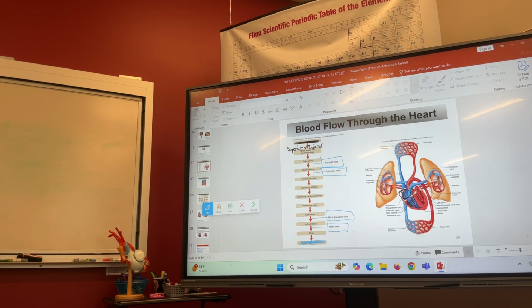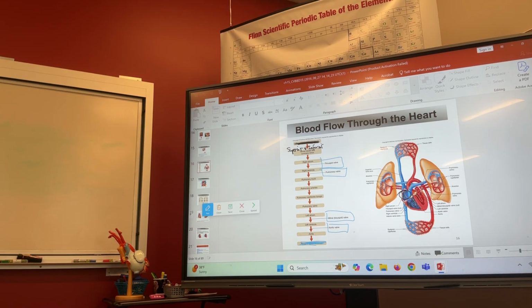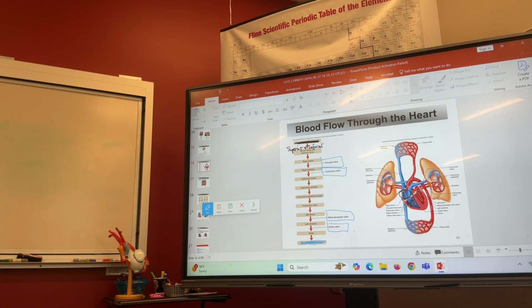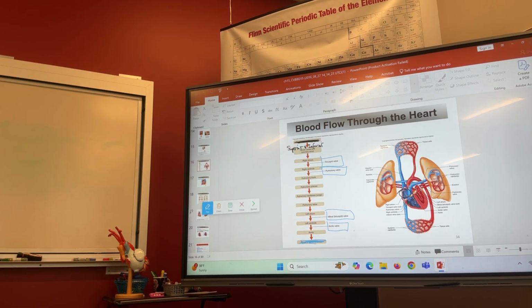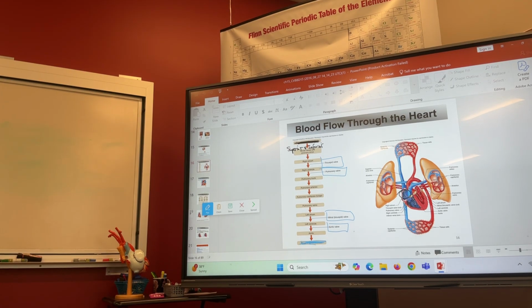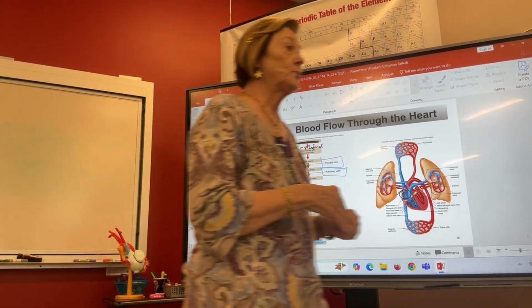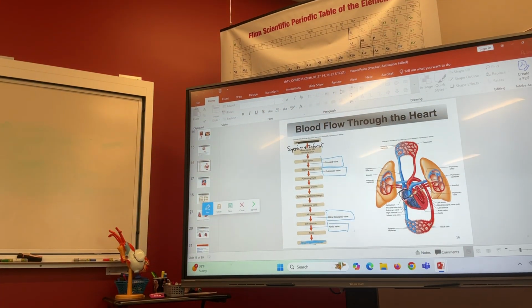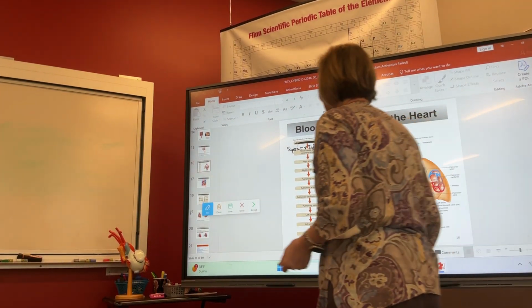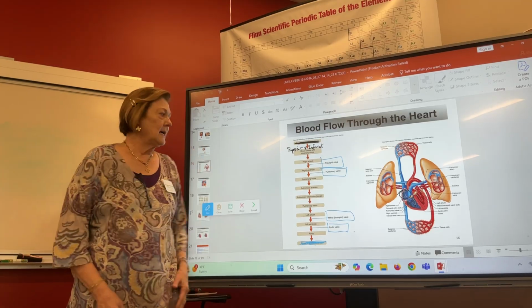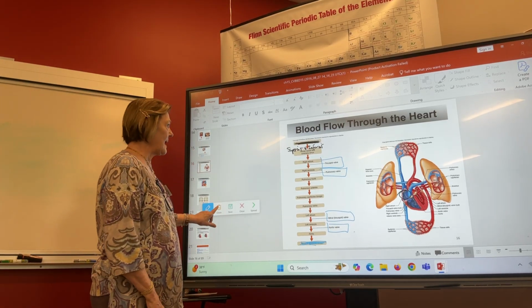So the order did not get here. She's put a track on it. It's supposed to be here Monday, so we will hopefully do it next week. That's why we ended up coming up here and lecturing, even though I told y'all a million times we were gonna meet in the lab. So sometimes I lie. It just happens. We were hoping it was gonna get here and it didn't.